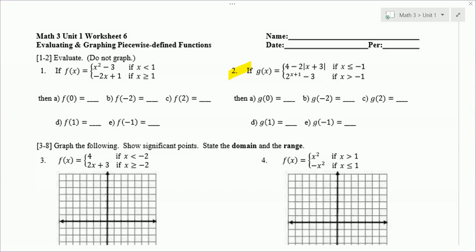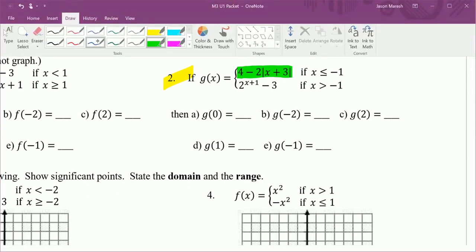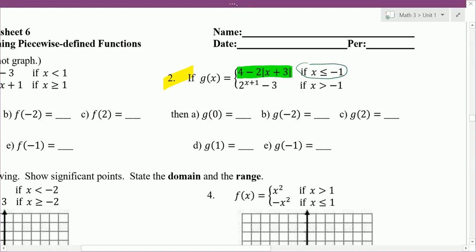So here we have what we call a piecewise function. Piecewise function means we've pieced together two or more functions, and as you could see in number 2, the top function I'll highlight is linear absolute value, and right after that function comes the restriction, so we're only going to use that function when x is less than or equal to -1.